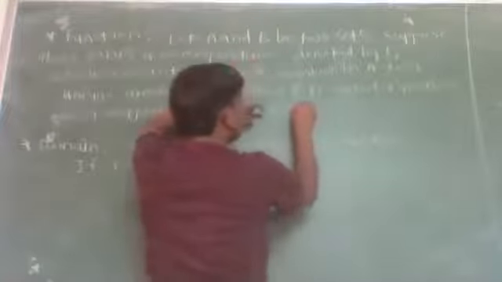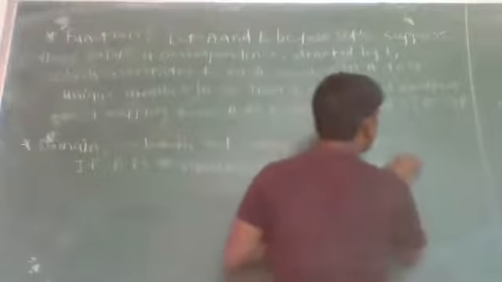If f is a function from A to B, it is denoted by f from set A to set B. Then set A is called the domain of f, and set B is called the codomain of the function f.